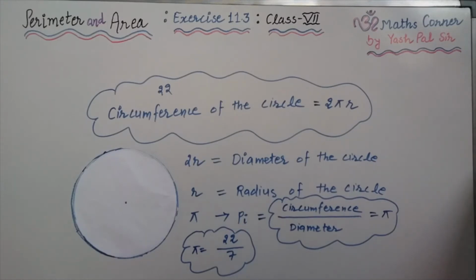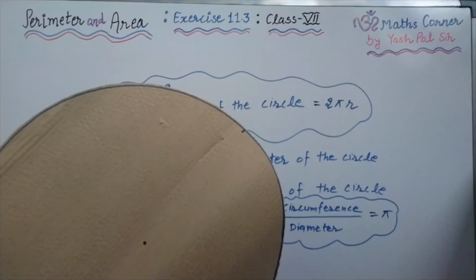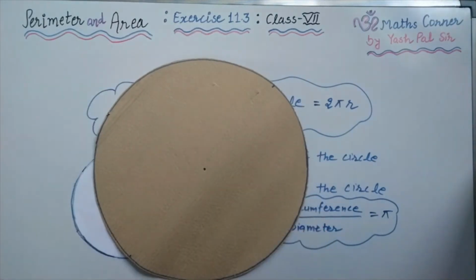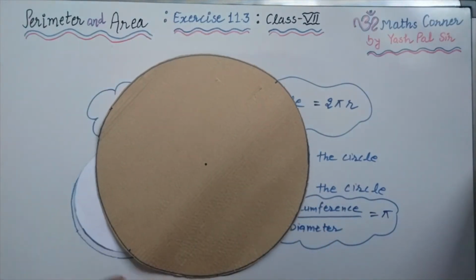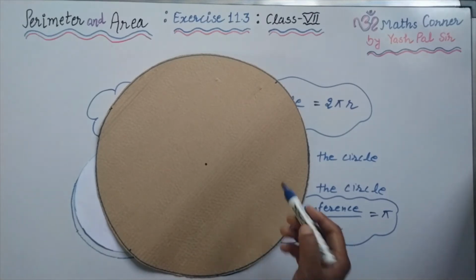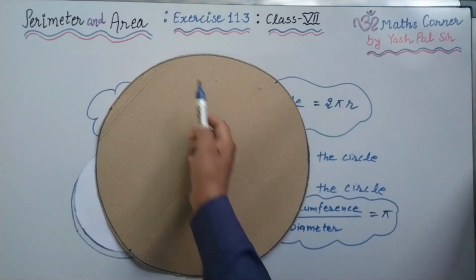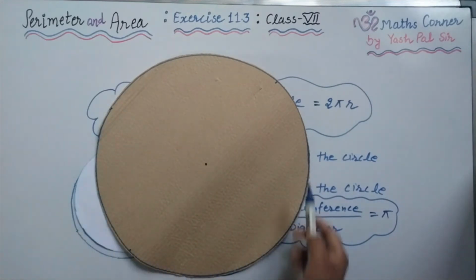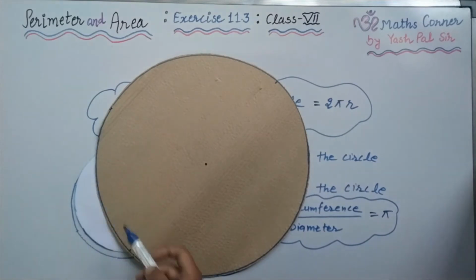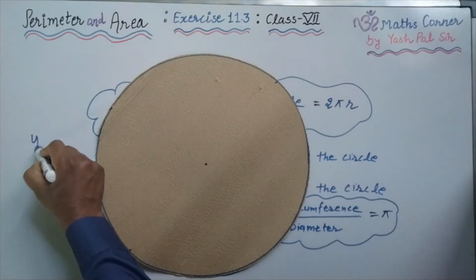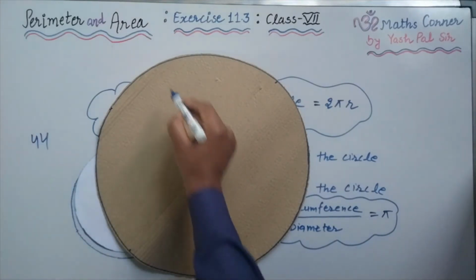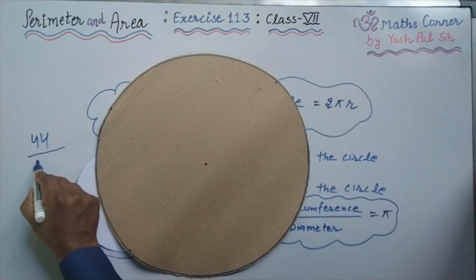centimeters. If we are taking a bigger circle, suppose I have this bigger circle and I am interested to know the length of the circumference. In this case also, if the circumference is 44, then what is the diameter?